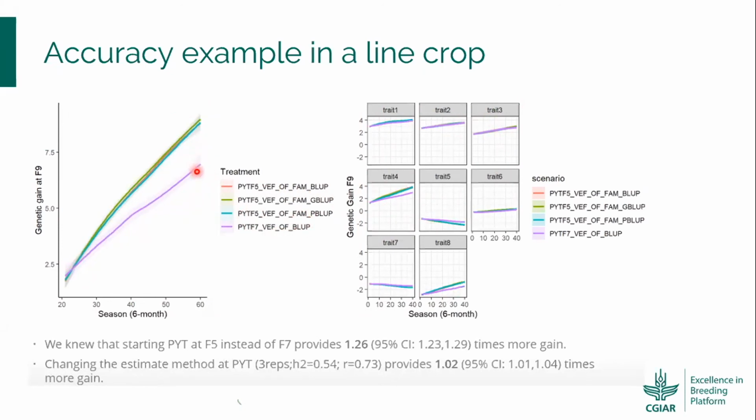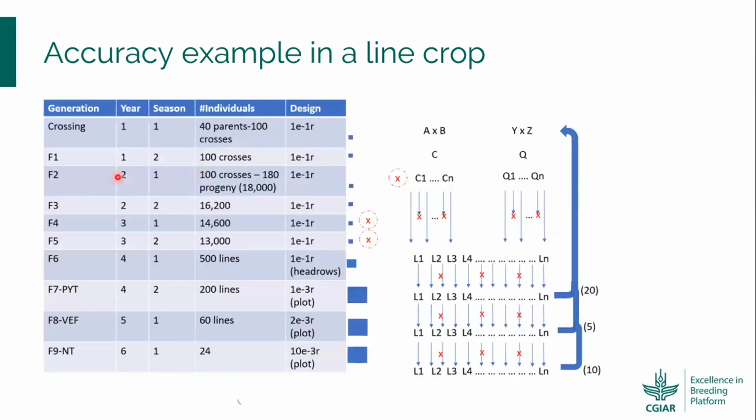We knew from a previous simulation that if they were applying family selection, they would make a big gain, because what the beans program does, similar to the yams, is that when they are at the F2 stage, they do phenotype for yield, but because they are single plants, they of course do not use that information. And also because it's so many individuals, they do not genotype them.